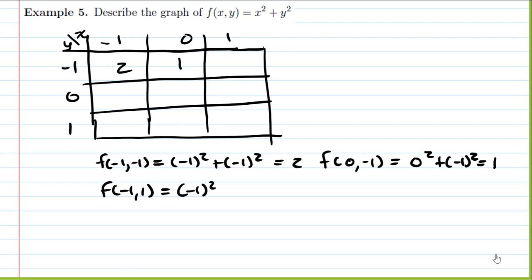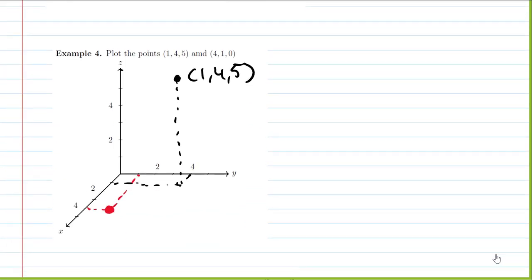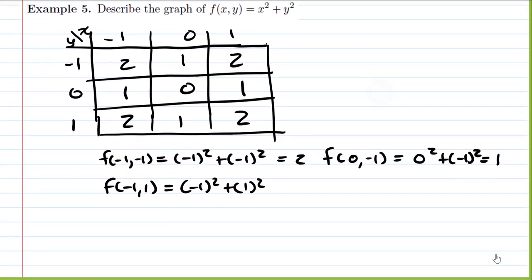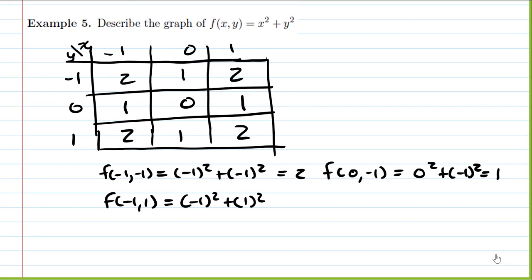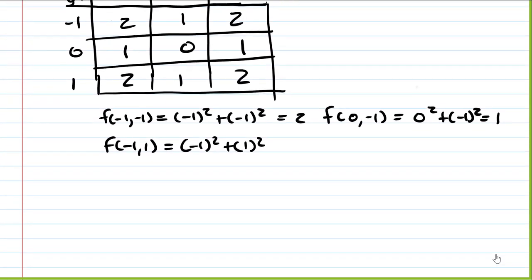We would have -1 squared plus 1 squared, which would give us 2. And if we kept doing that, we would get the following values in our table. So 1, 0, 1, and then 2, 1, 2. And then if we went back and tried to plot the points like we had here, we could do that with enough points to try to draw a picture. But it turns out that is a very difficult way to visualize what this graph looks like. So let's take a look at a couple of other strategies that can be helpful.